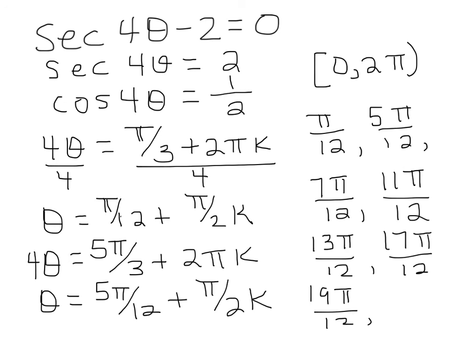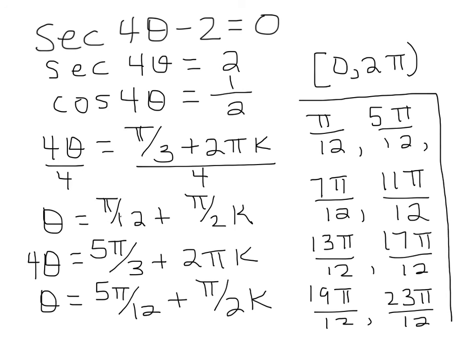Pi halves plus 17 pi over 12 would be 23 pi over 12. And these are all the solutions in the interval 0 to 2 pi. You notice instead of 2 solutions like we would if it were simply cosine of theta, we get twice as many. We get 4 times as many because we had 4 theta.